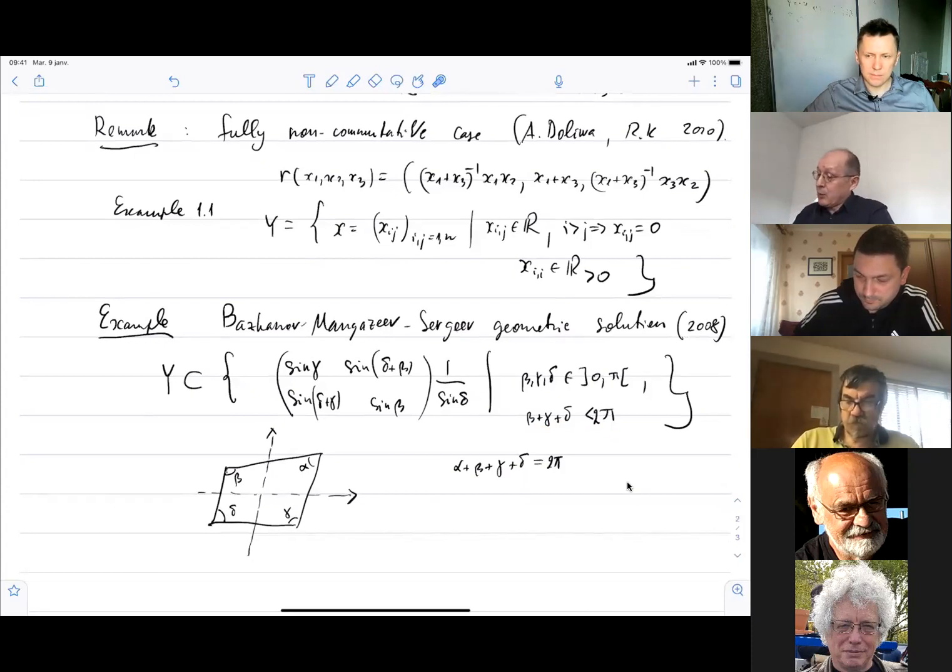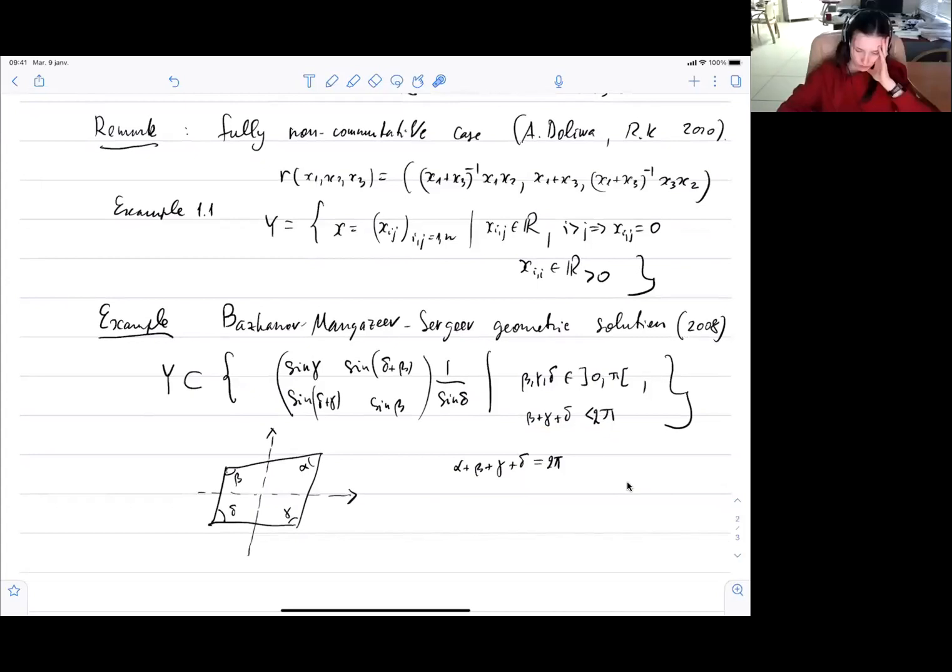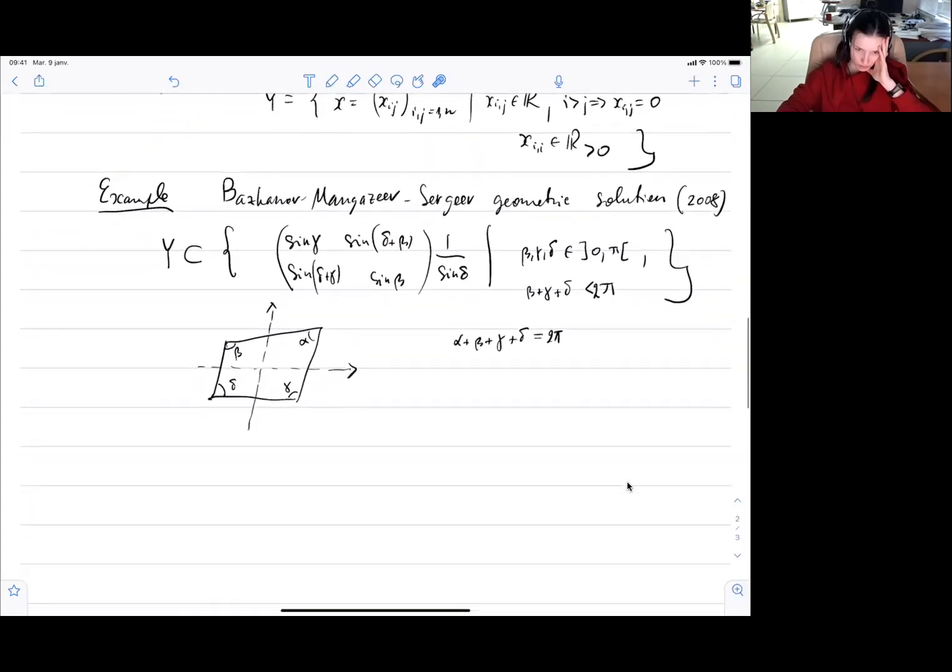And so then, at least at this level, we can think of Y as a set, because whenever we pick some triple of numbers in this interval satisfying this, we will be able to define a geometric quadrilateral.